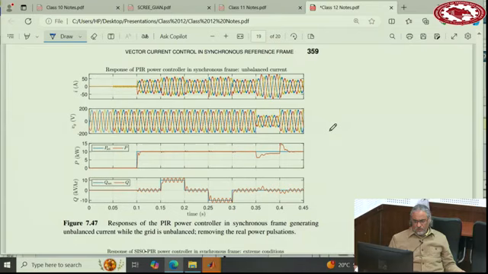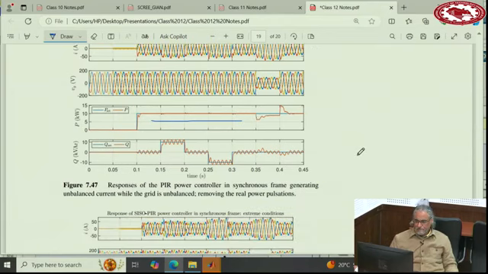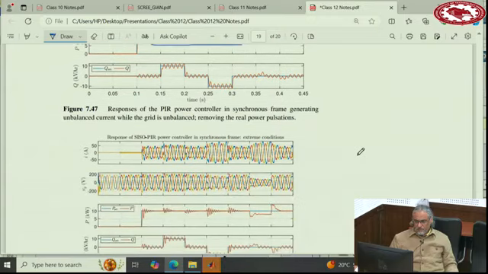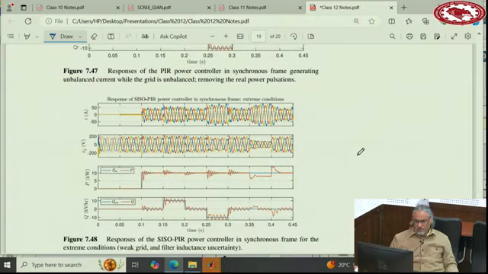And now you see the pulsations of real power are removed. And this is the extreme condition where you see oscillations are happening. When you push it to the extremes, you will see the system starts getting loose and showing oscillations.